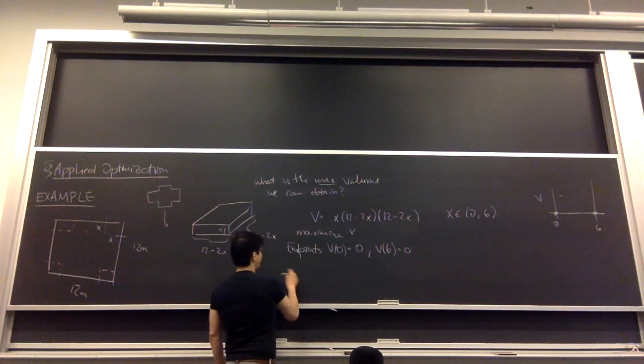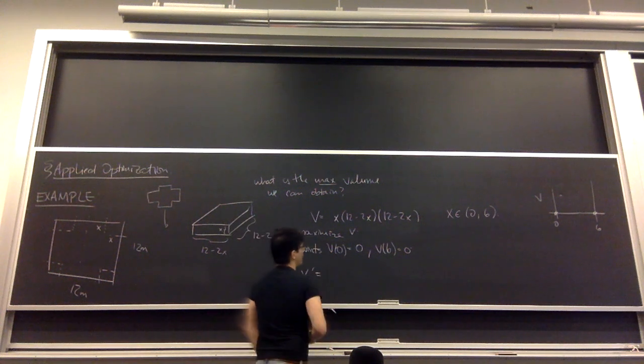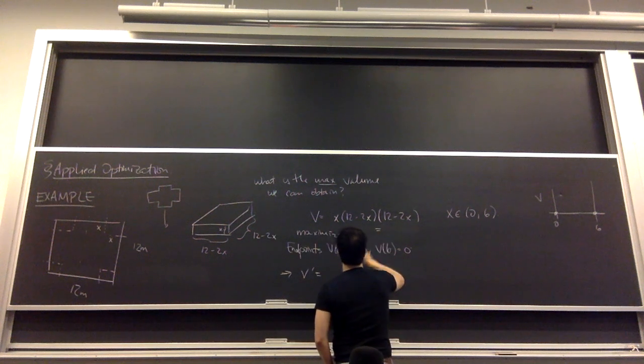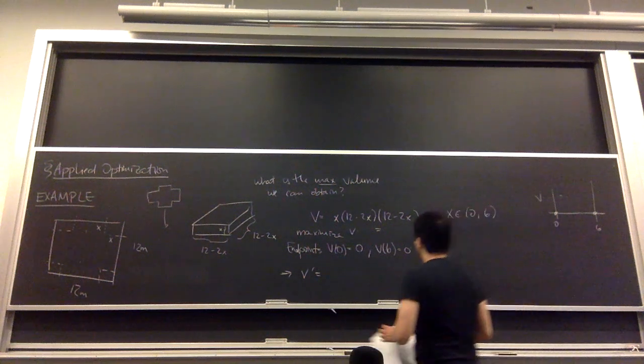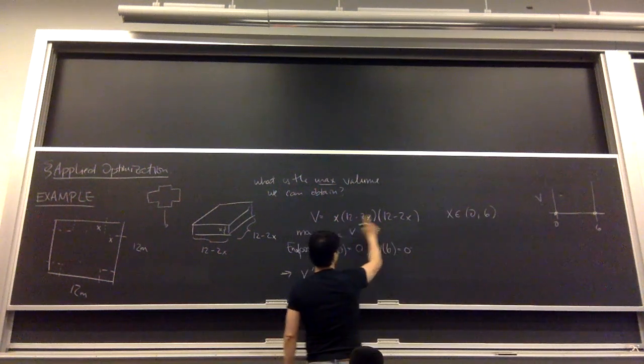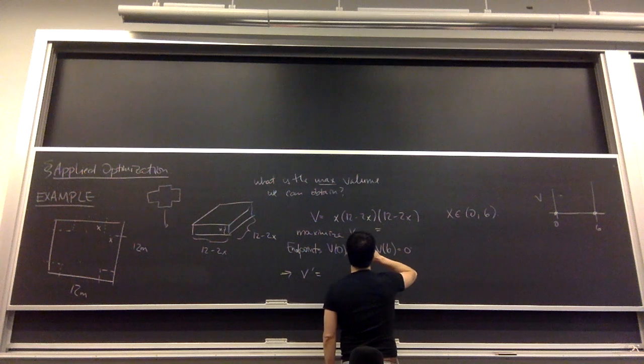All right, so let's just get the derivative here. What's that going to be? I think it's going to be smarter in this case just to combine all of this. So what do we get after we combine it? You get x times 12 times 12, that's 144x.